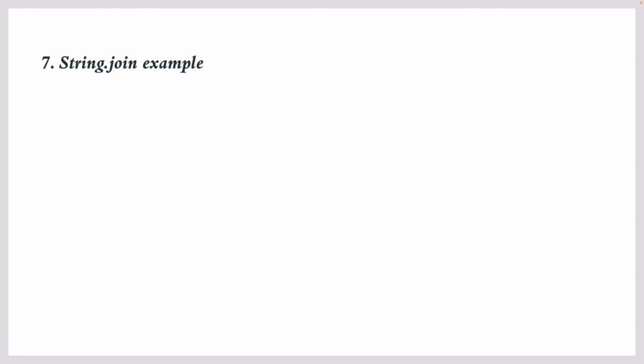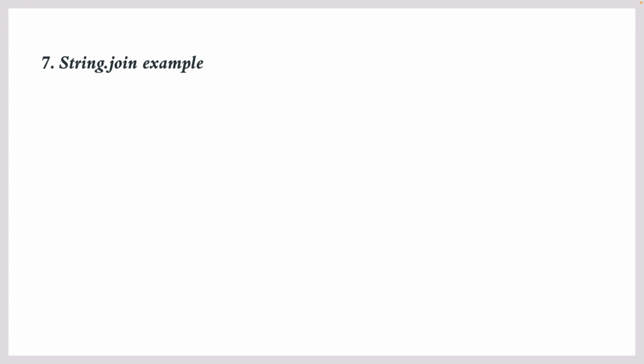That is, how can you use the join method of string? If you remember, the join method was introduced in Java 8 as part of the String class. They might ask you some scenario, or they might give you a list of strings and tell you to convert it to a different pattern. At that time you need to think that okay, there is a join method in string which can help me.